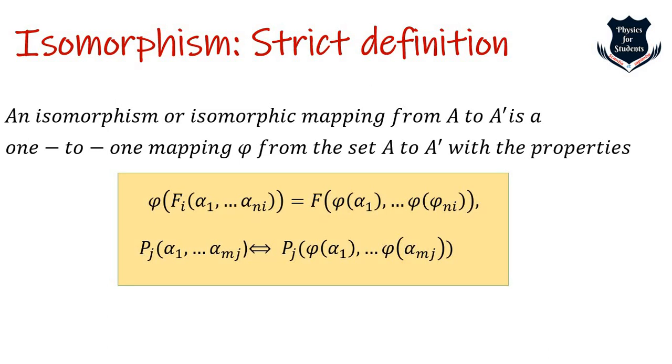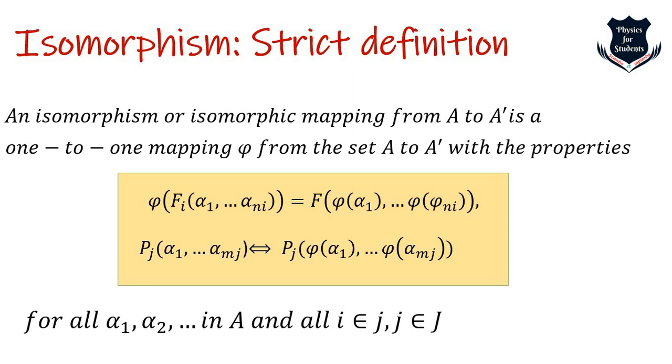You can see what this means from i starting from 1 and going up to n_i, with another index j going up to m_j. Thus in every category of algebraic structure, an isomorphism is a homomorphism which is a bijection.